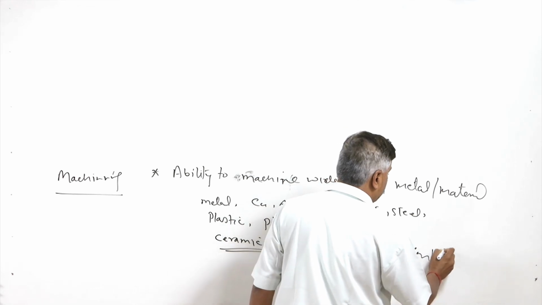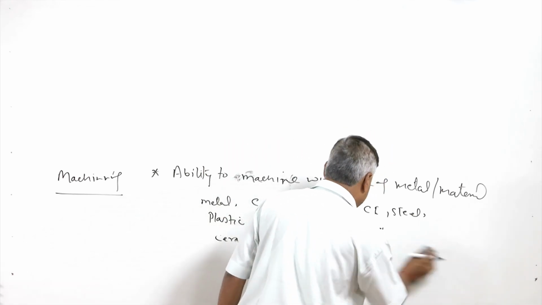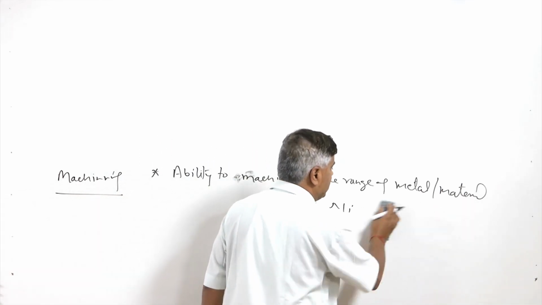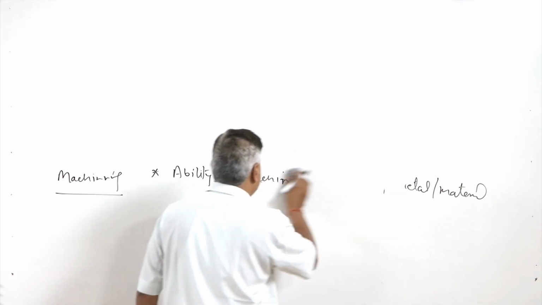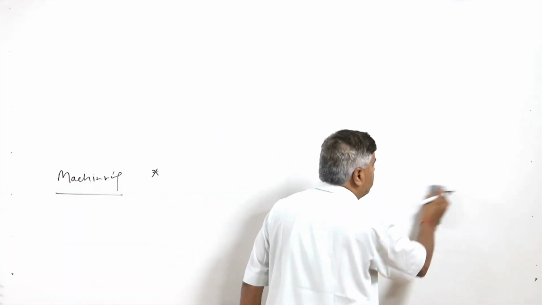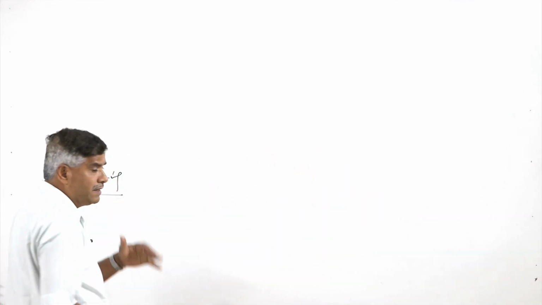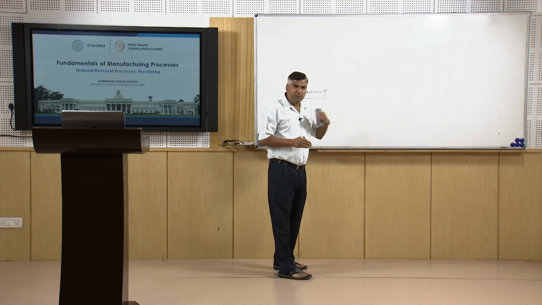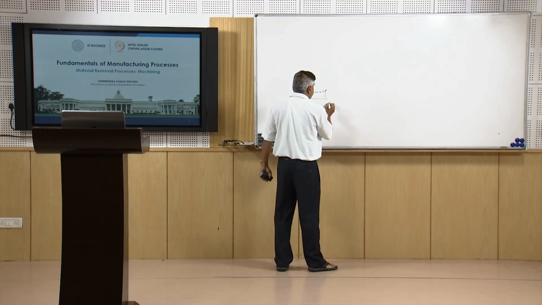But it can be used for most of the metals and the plastics and plastic based composite materials. So, the machining processes become capable to handle a very wide range of the material systems, and by removing the unwanted extra material, the desired size and shape can be achieved.